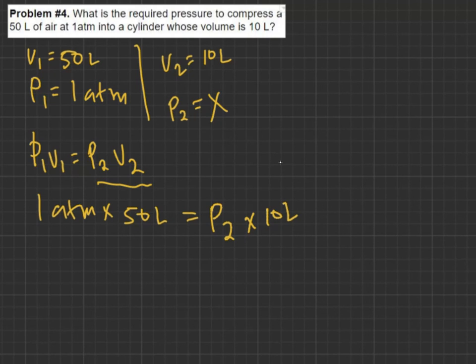Now we want to remove the 10 liters here, so we can do that by dividing both sides of the equation by 10 liters, so we can cancel this. So remove the liters because they are the same. We now have P2 is equal to the product of 1 times 50 divided by 10. That gives us 5 atmosphere.